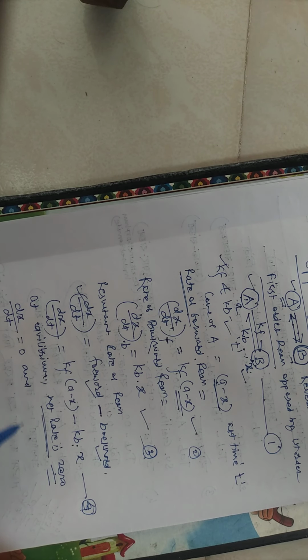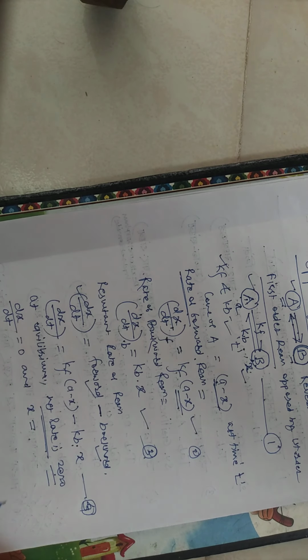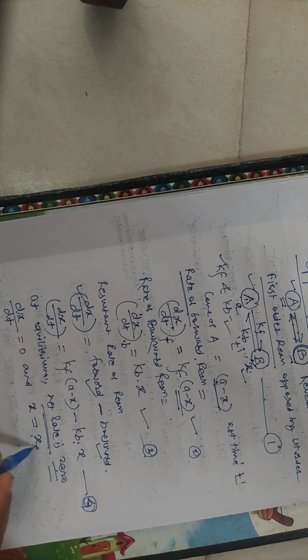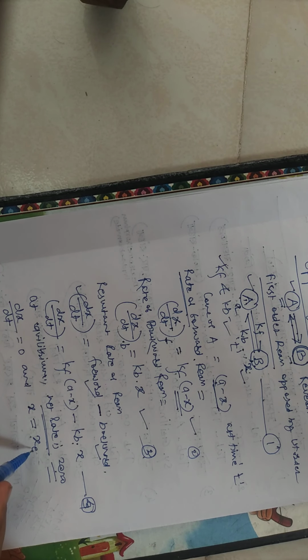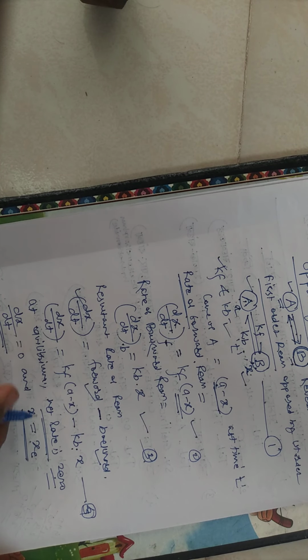And one more condition is there: when the concentration of product, that is B, indicated by x, is equal to xe, that is the concentration at equilibrium. In this way you have to put these two conditions and solve the equation.